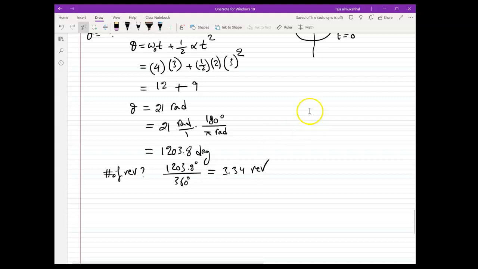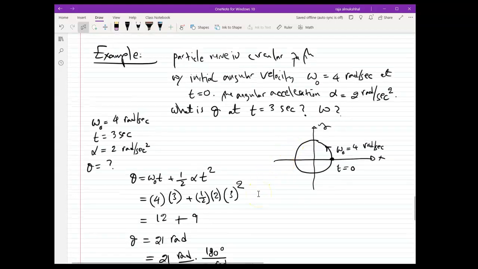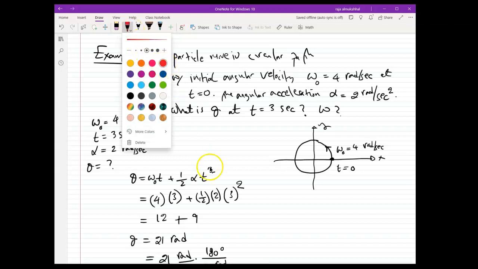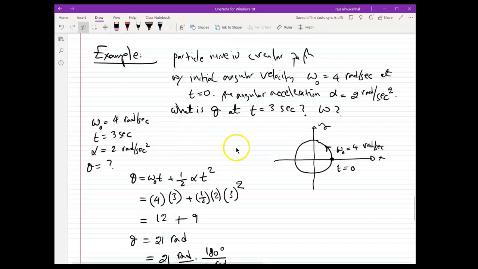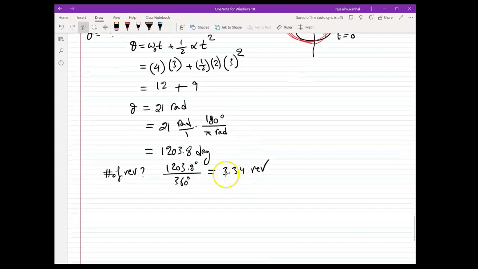In other words, going back to the diagram, the particle is going to go 1, 2, 3 and 1/3 of the way, somewhere here. You see what I'm saying? So 3 1/3, roughly 3.3 revolutions, within that time frame of 3 seconds. You got that? Okay. All right. Good.